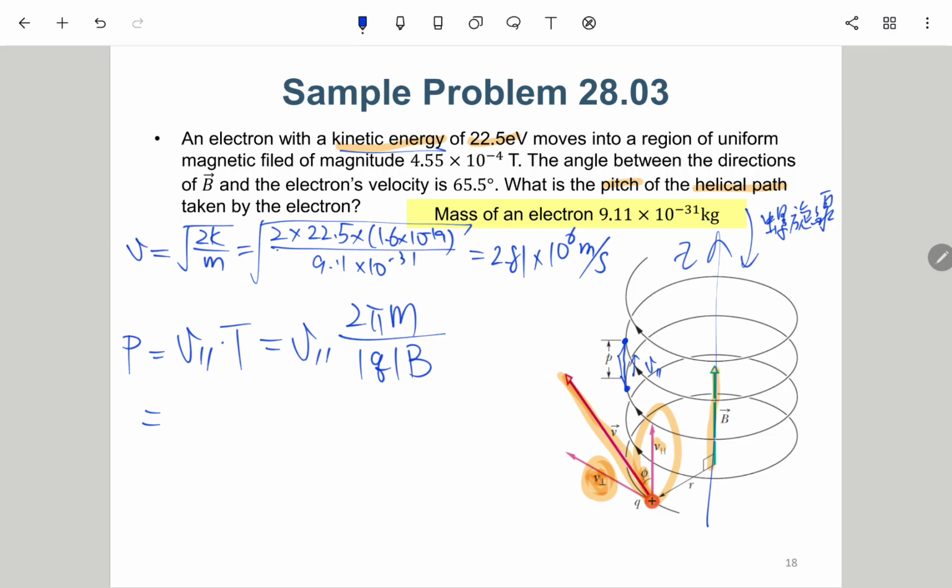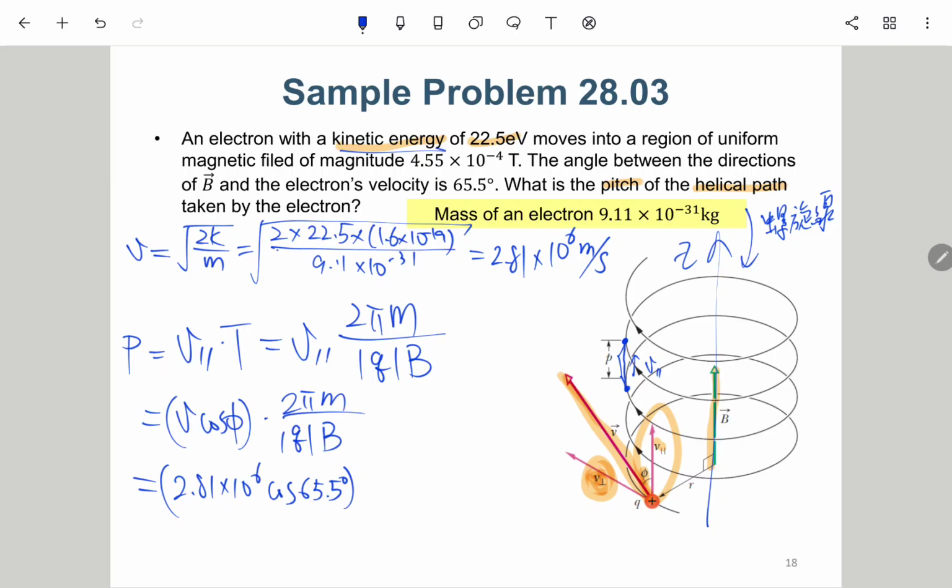So this V parallel will be V cosine of phi, and then also 2 pi m over qB. So we can plug in the values. V is 2.81 times 10 to the 6th power, and cosine of 65.5 degrees.